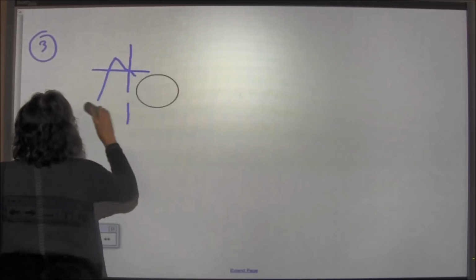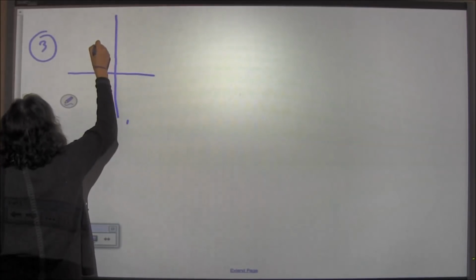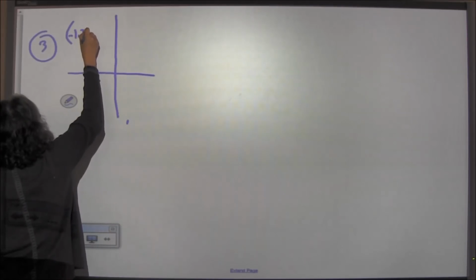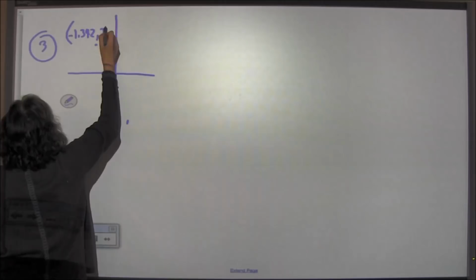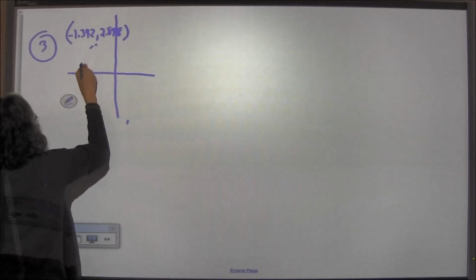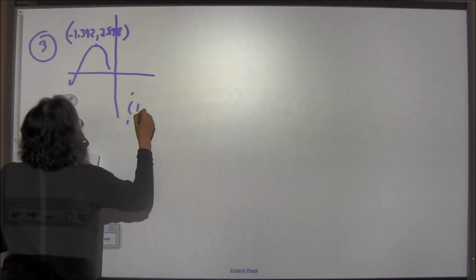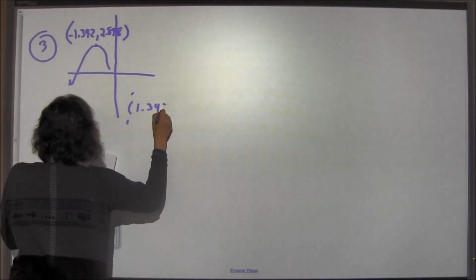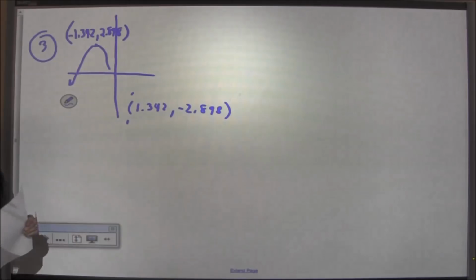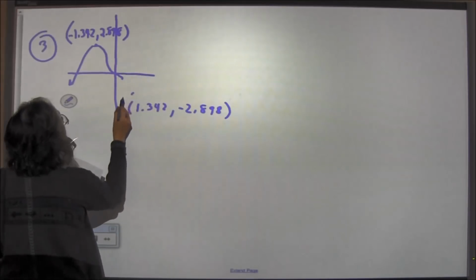Let me do a better job on that. I just wanted a rough sketch of this because I don't want to just talk about where the relative max and min are and then the intervals of increase and decrease.